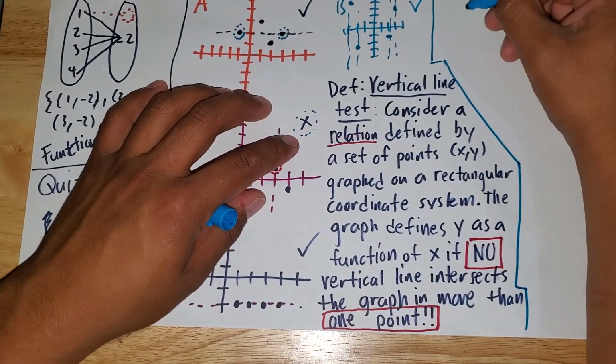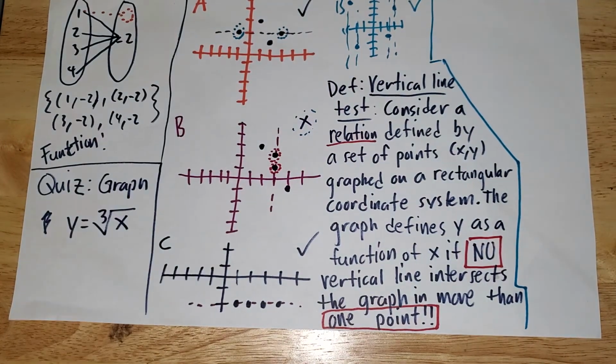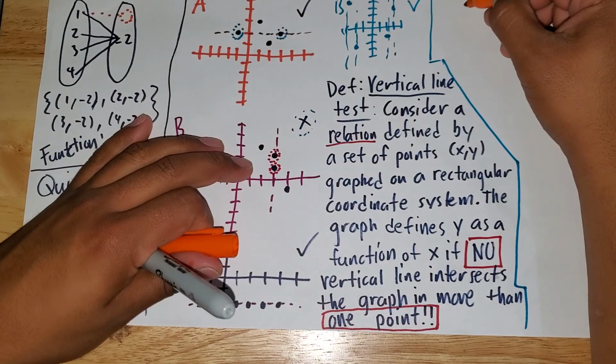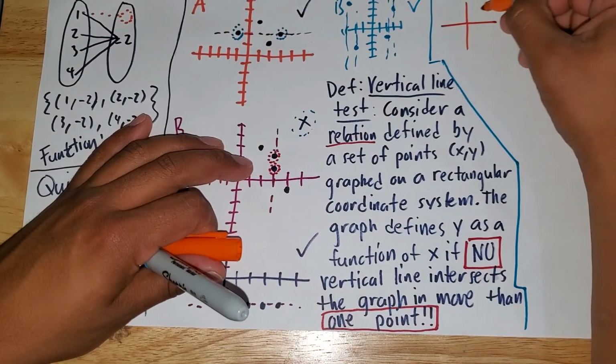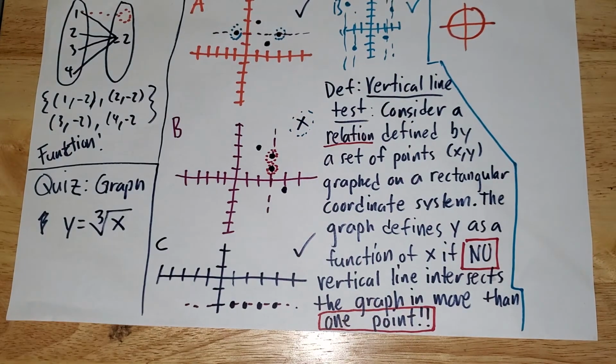So for example, let's say we're looking at a circle. If I was looking at a circle, then this is where you want to make more than one vertical line. You don't want to just be doing one vertical line to verify if something is a function or not.